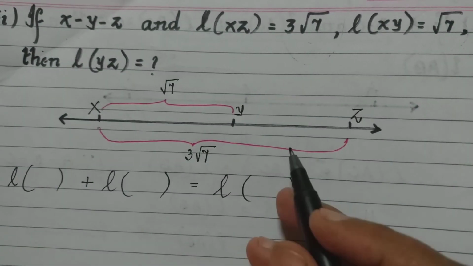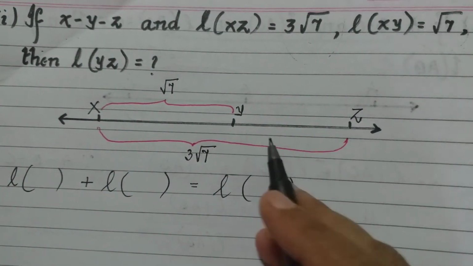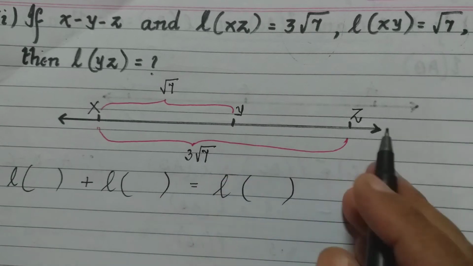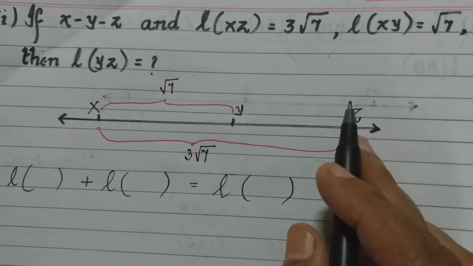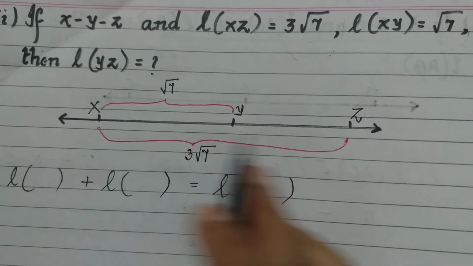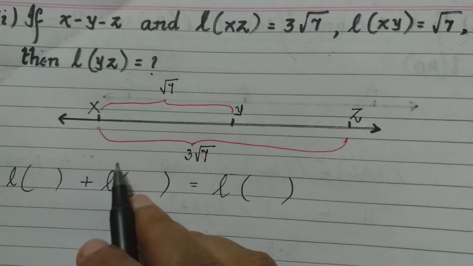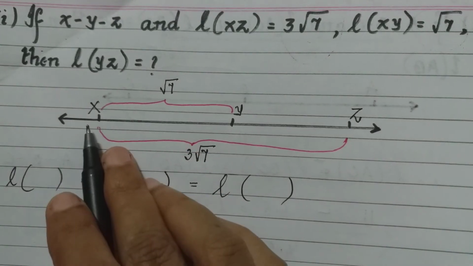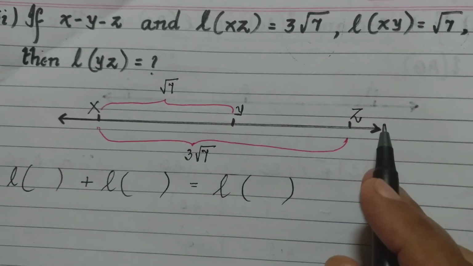So now what have we to find? Length of YZ. Now length of YZ, how do we find? You know this entire distance and you know this much. So to find length of YZ is this entire distance minus this distance, correct? So first let us write that, we have to find length of YZ, right?